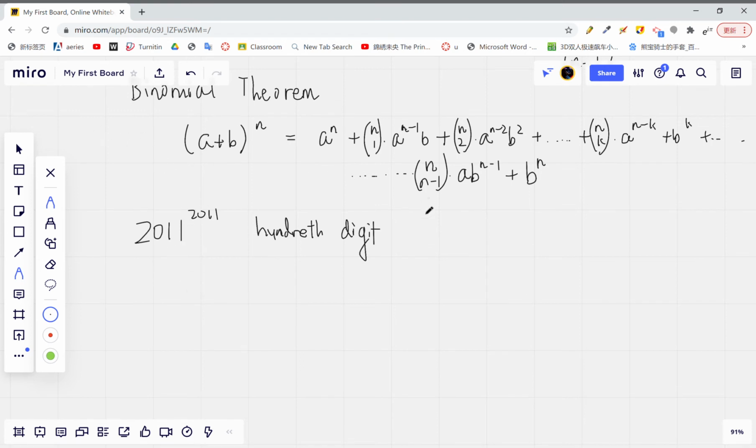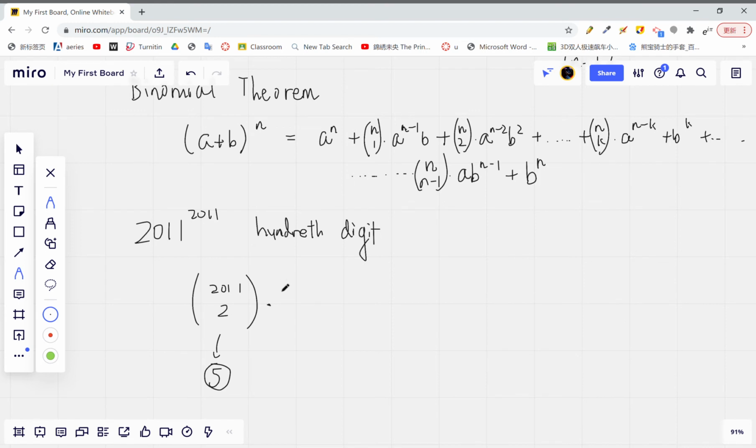We'll use the binomial theorem, so we can write this as an expansion. Now we just want to look at the last 3 digits. So first, let's look at 2011 choose 2, which will end in 5.